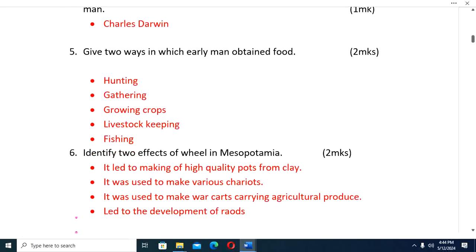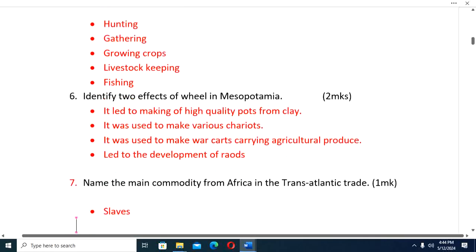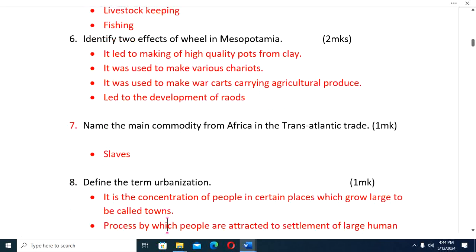Number 5, give 2 ways in which early man obtained food. Number 1, through hunting. Number 2, gathering. Number 3, growing crops. Number 4, livestock keeping. And then the last one is fishing. Number 6, identify 2 effects of the wheel in Mesopotamia.